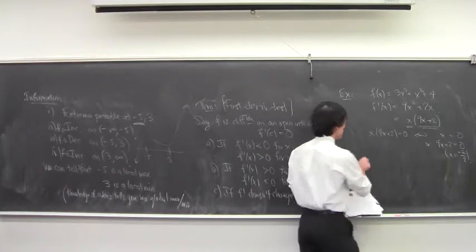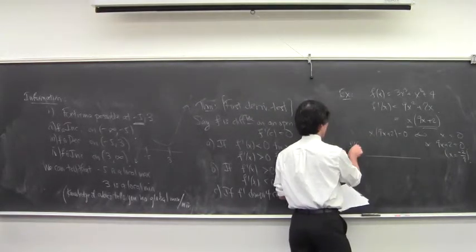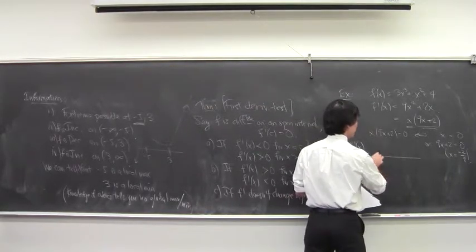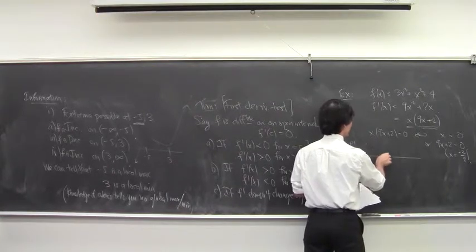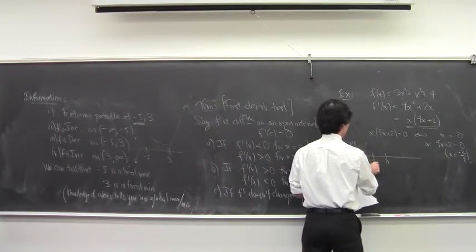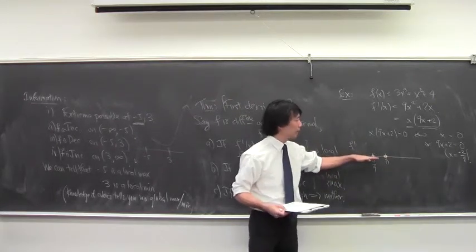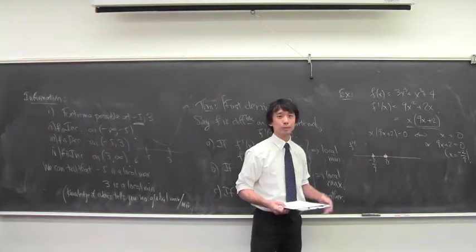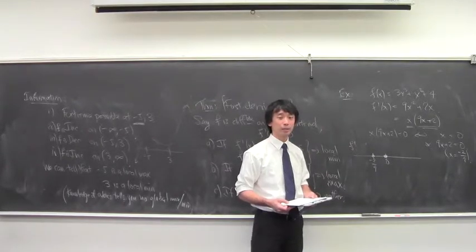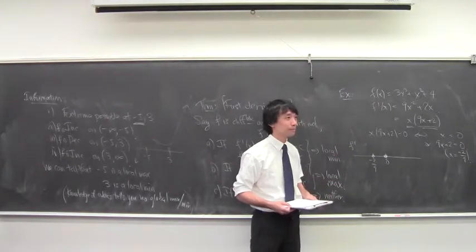Okay. So that tells you that you're looking at your derivative at 0 and at negative 2/9. Your derivative has roots. Okay. And what do you do from there, Nora?